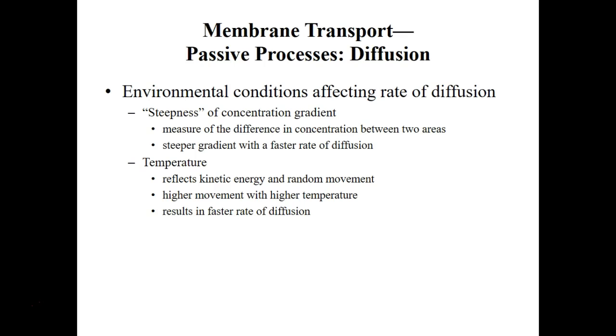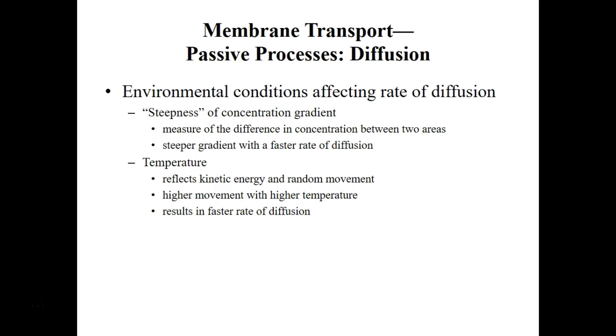Steepness of the gradient is going to influence the rate of diffusion as well. If you have only a few sodium molecules on one side of the membrane, then sodium's going to move a lot slower. Say you have 10 on one side and 5 on the other, yeah, sodium will move across, but it's going to move very slowly.